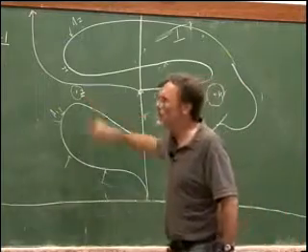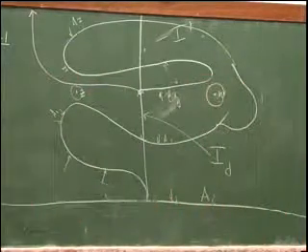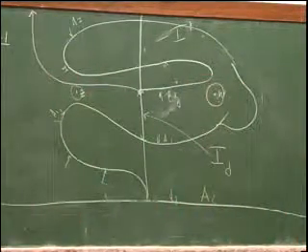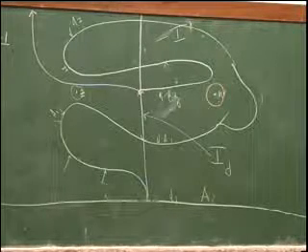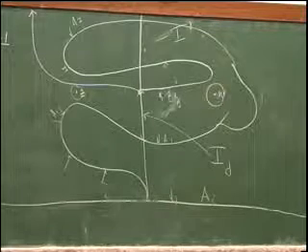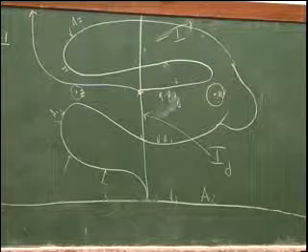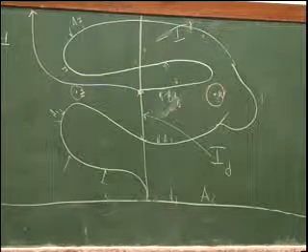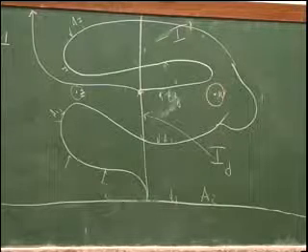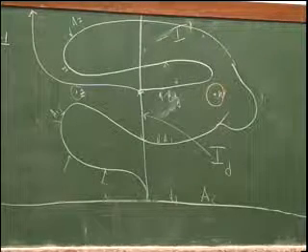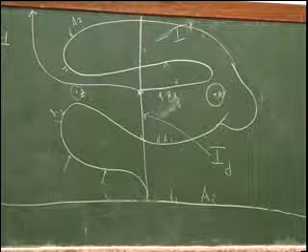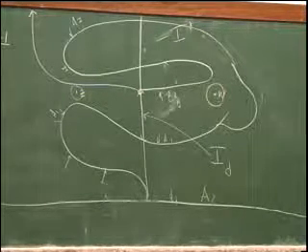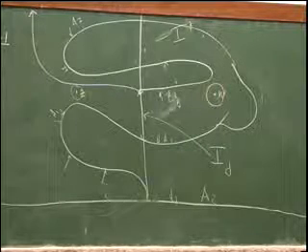Now let me blow up this picture a little bit over here. So I'm going to blow up that picture. So here's Z. This is where we want to get to.